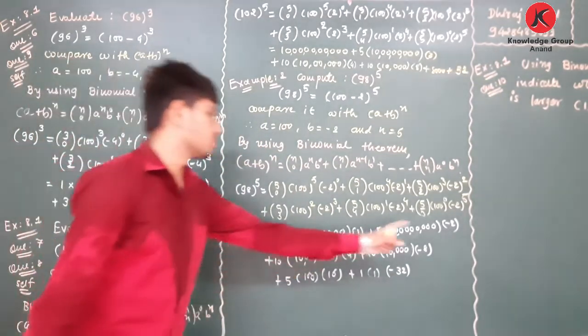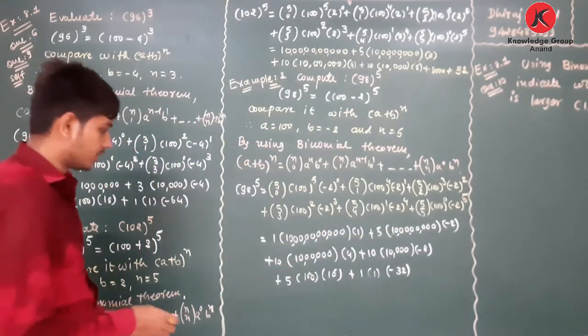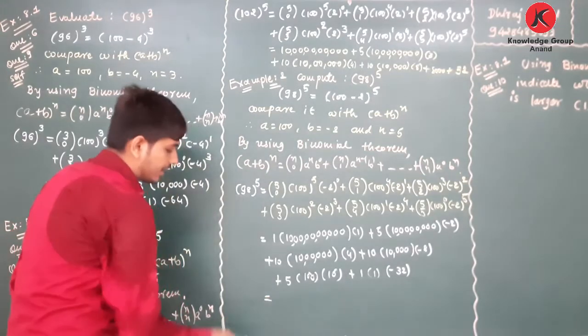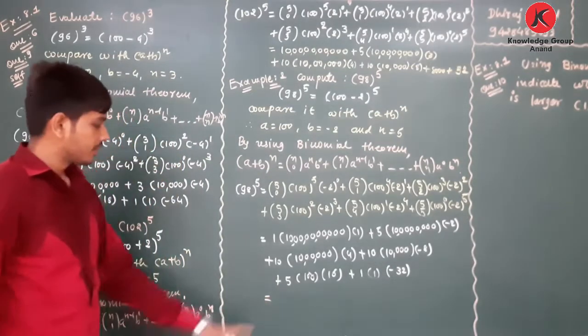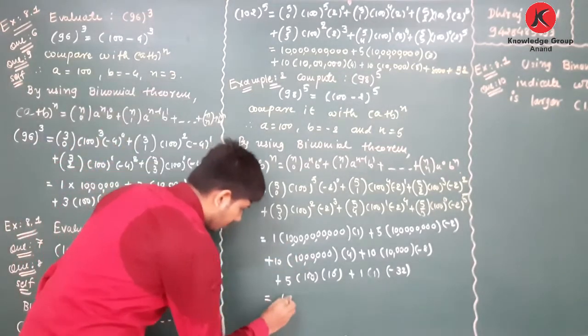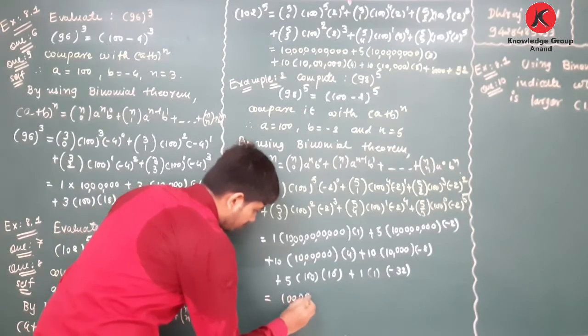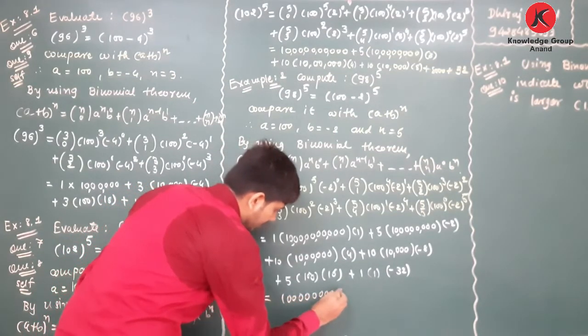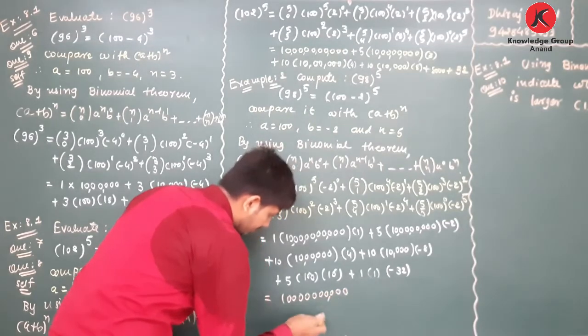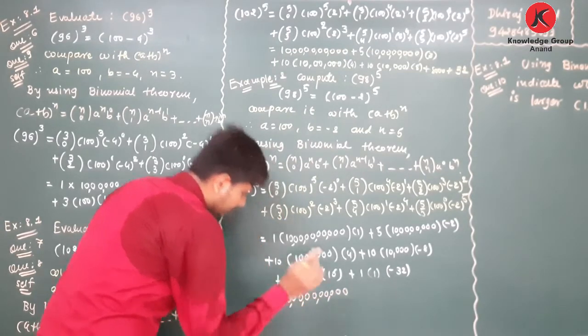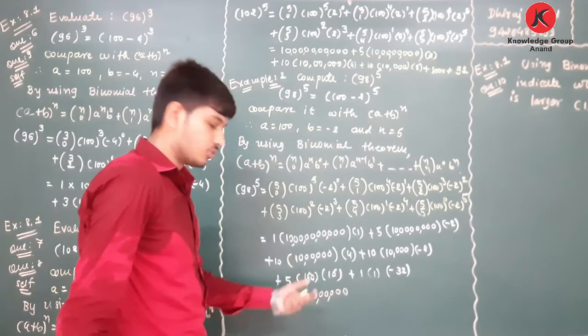Now you have to simplify this thing. First of all, multiply this and add and subtract in your calculation. So this will become 1 with 10 zeros, into 1.